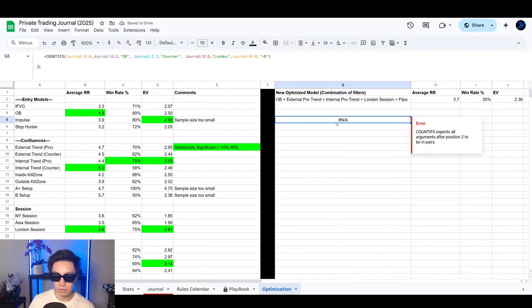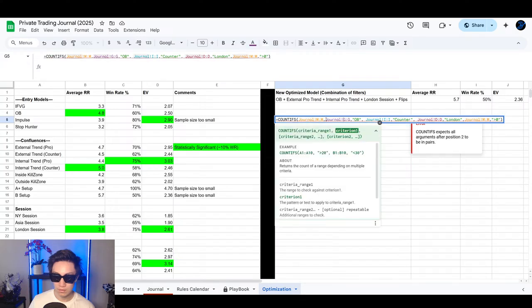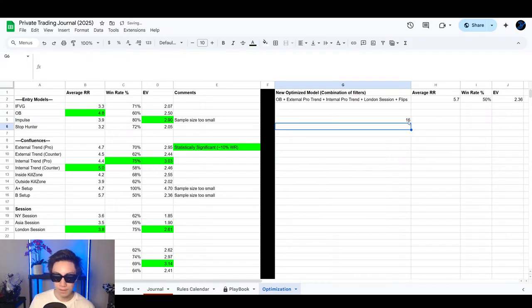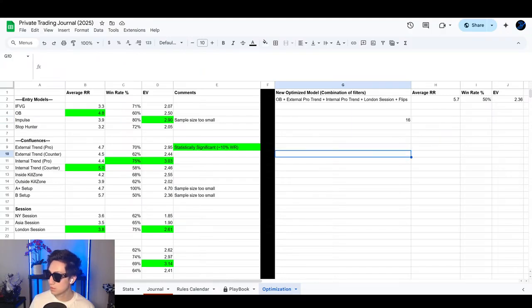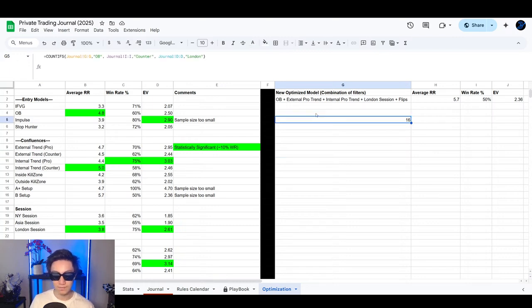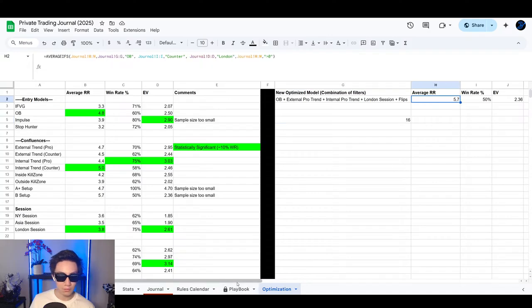Oh. So, if I'm not mistaken, this should mean there's 16 trades with this model here with a 2.36 EV.